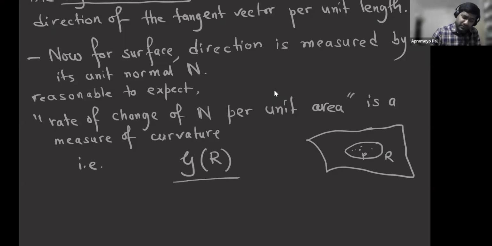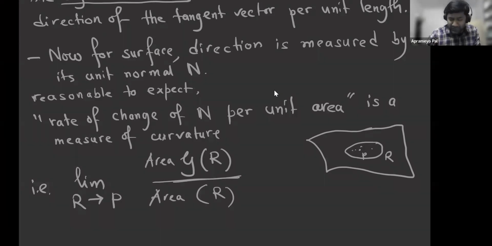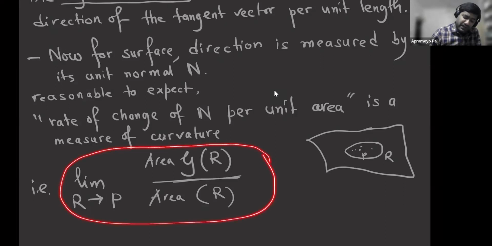And then you take the area of this and you compute the area of R, and you take the limit as R shrinks to P. You can take some shrinking balls containing P, and then the radius goes to 0 essentially. And this is what I was talking about, the rate of change of N per unit area.